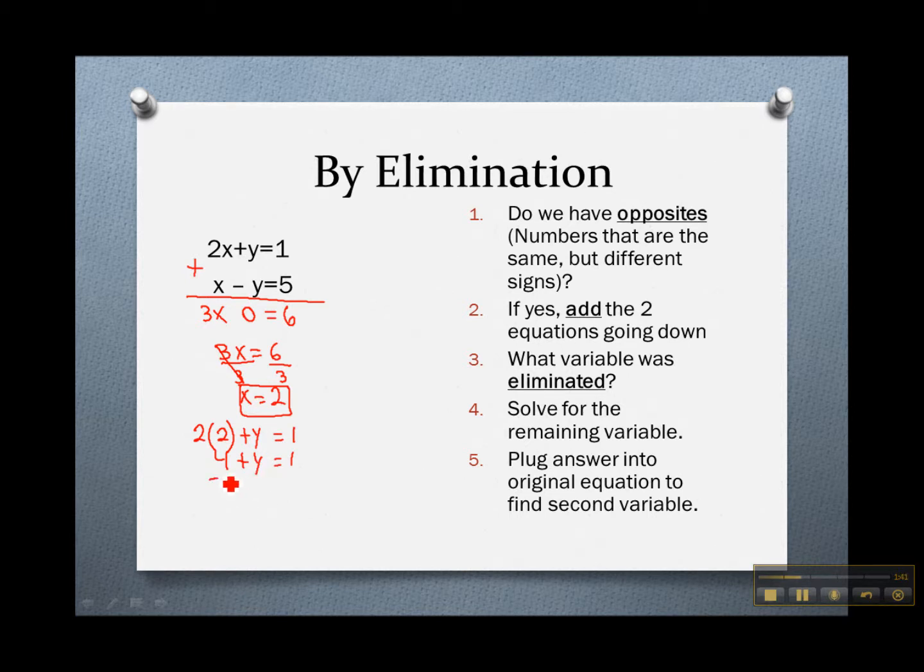So to do that, I'm going to subtract 4 on both sides. So these are cancelled. And y equals 1 minus 4, which is -3. So the answer for this by elimination is x equals 2, y is equal to -3. Notice that it doesn't matter what method I use, I should always get the same answer. X equals 2, y equals negative 3.